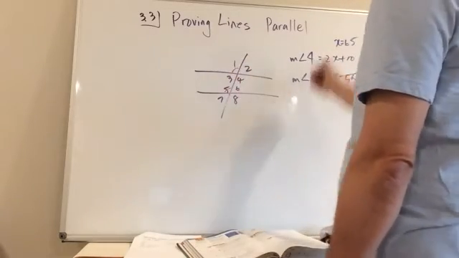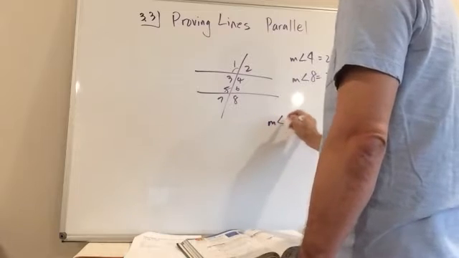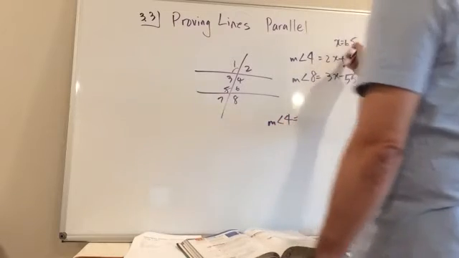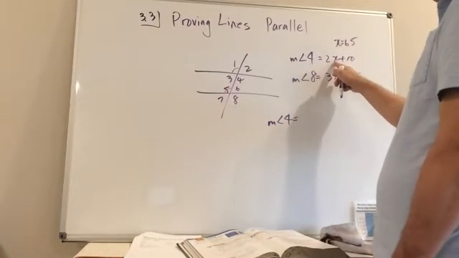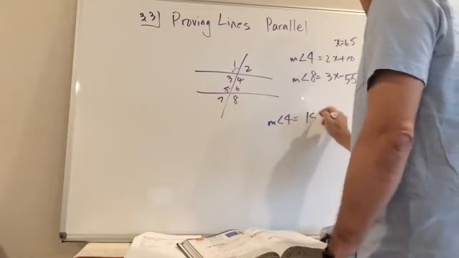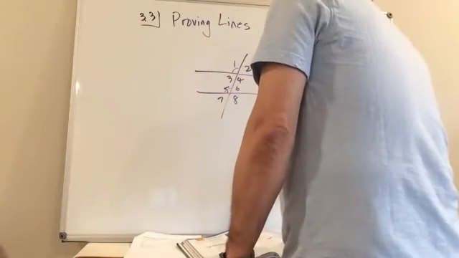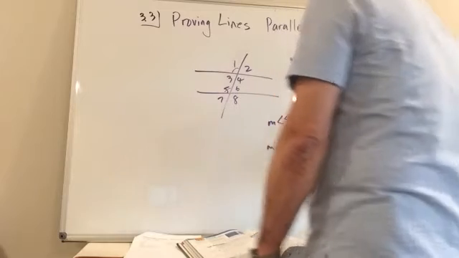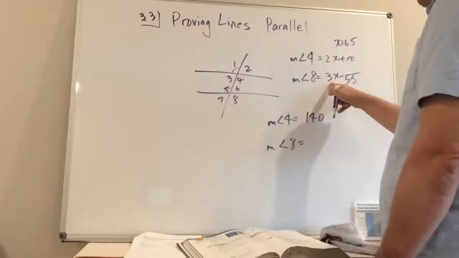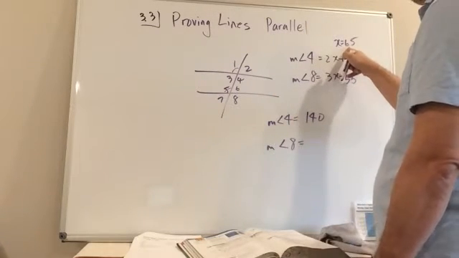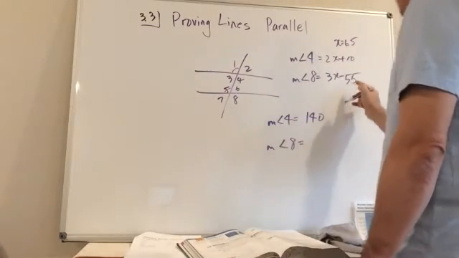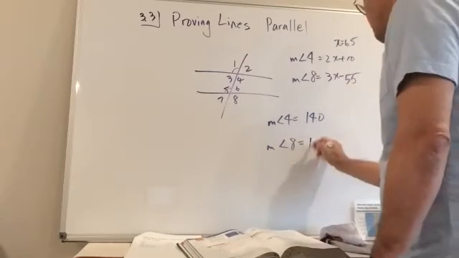The way I do that is that if I put x into the measure of angle 4, 2 times 65 is 130 plus 10 is 140. So angle 4 is 140. Angle 8 is 3 times 65, which would be 195, minus 55, which is again 140.